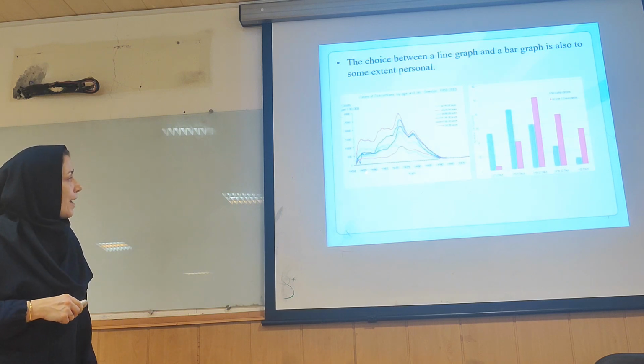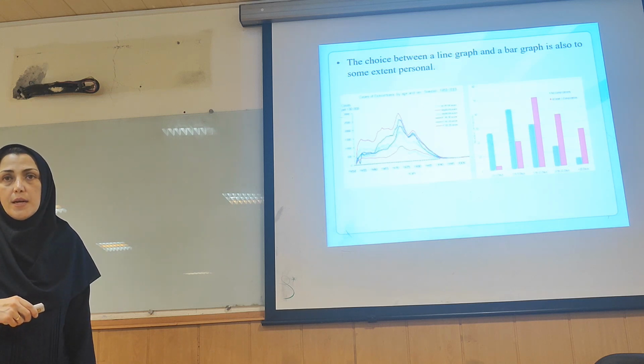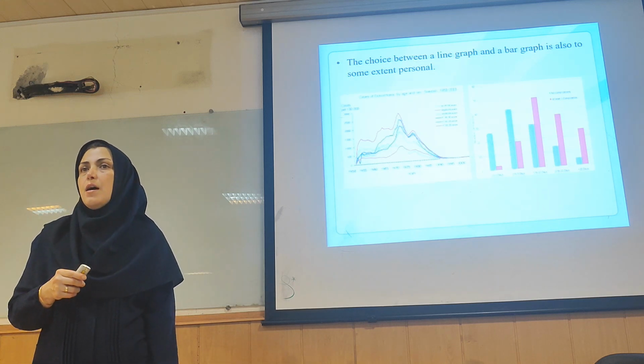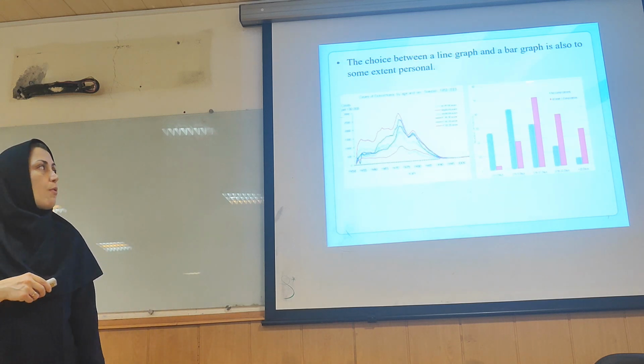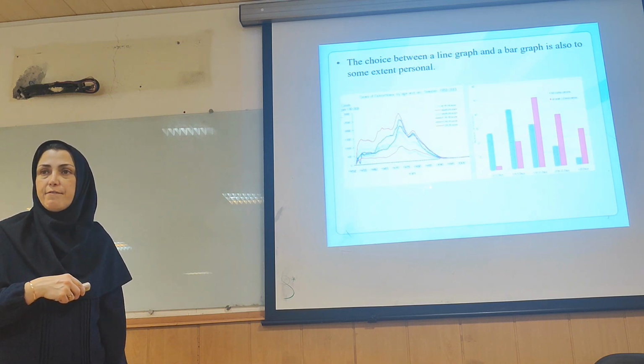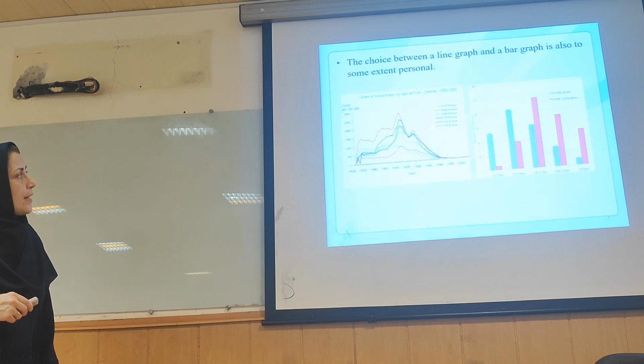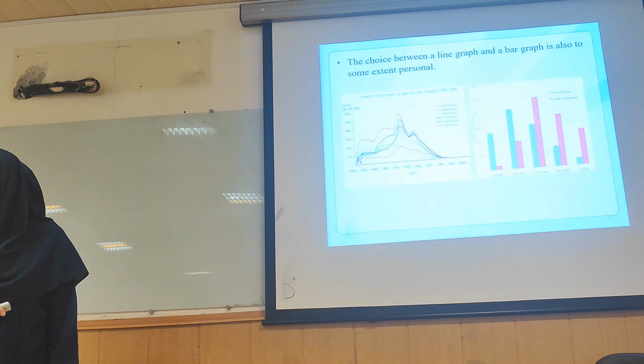But when you have several points of time, it is not understandable if you use a bar chart. It is better to use a line graph. Yes? And you can show the trend easily using this line graph.